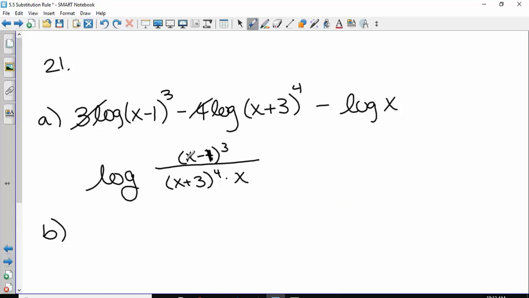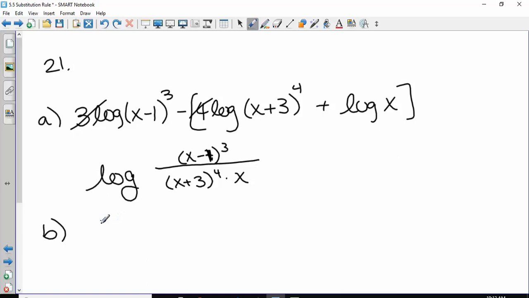What's technically right? This is the best answer, the most simple. Another way to think of it is if you pull out that negative, then that will become a positive, so those two are multiplied together on the bottom.